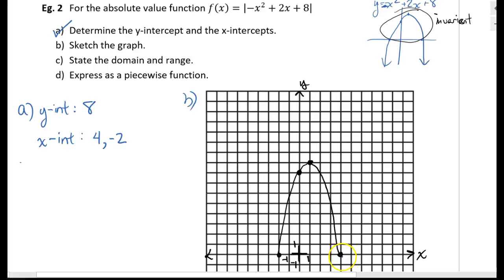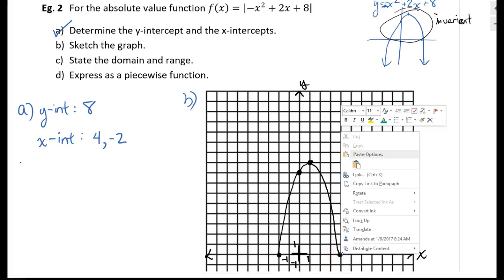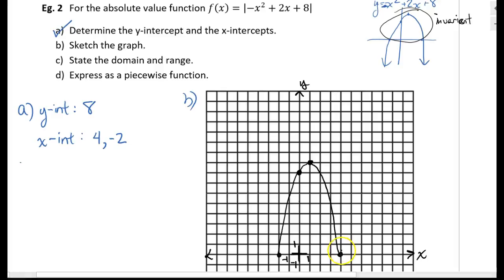Well, my critical points, my x-intercepts, reflect my graph. So it's going to be like my parabola was opening upward instead. And so I'm going to get this effect on the outsides. It looks pretty weird. You want to try and make them symmetrical. So something along those lines. That's going to be my graph.